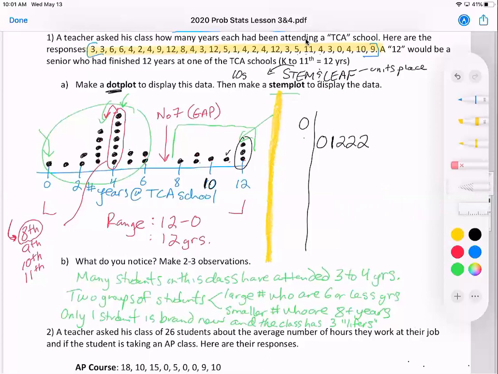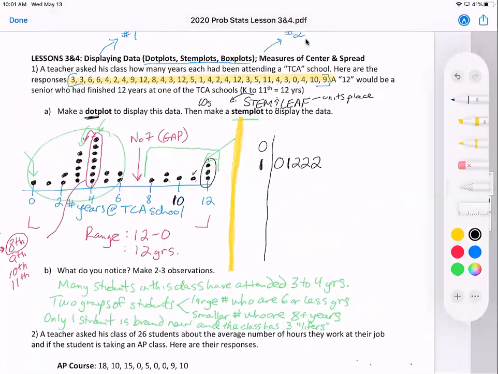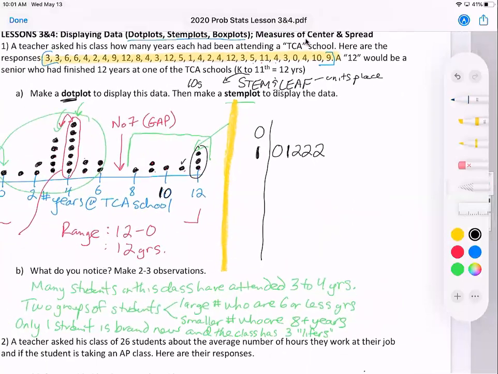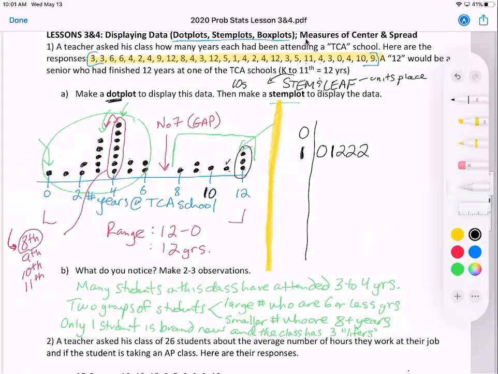And then the other numbers, to make sure I can fit them all on the screen here, we'd have 0, 0. That represents the 0 case. That represents this one right here. And then 0, 1, that would be that one.